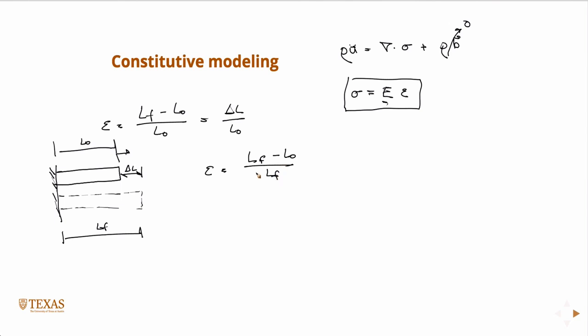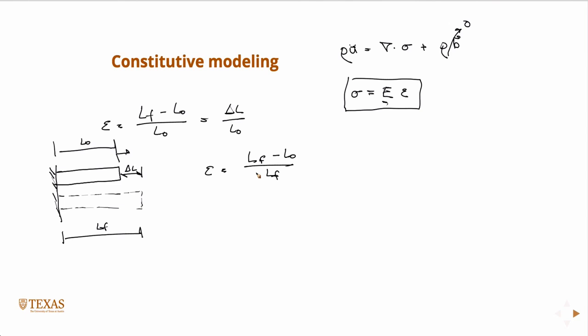Is that a valid definition of strain? Why not? Is it being compressed? Doesn't matter. The strain can be tension or compression. Oh, right. But L_F is the final, right? Why isn't it valid? Because that's not what you were taught in mechanics?